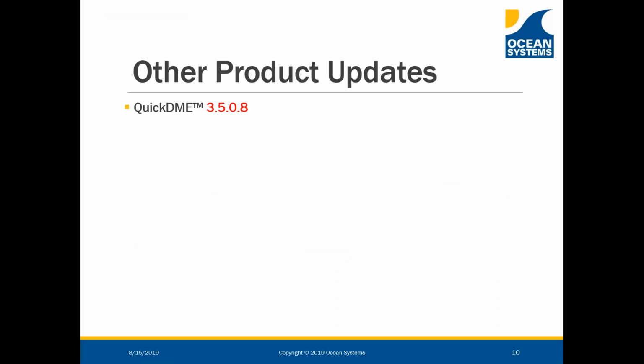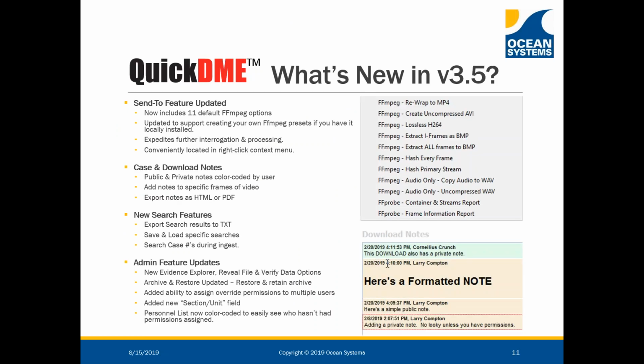What else have we been up to lately? Well, we have QuickDME 3.5, released a few months ago, which also introduced FFmpeg to our QuickDME digital asset management and processing program. In our send to options, we've added all of the FFmpeg capabilities that we show you in FFmpeg Convert, plus a couple more.